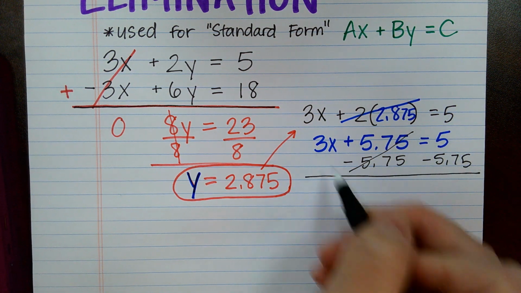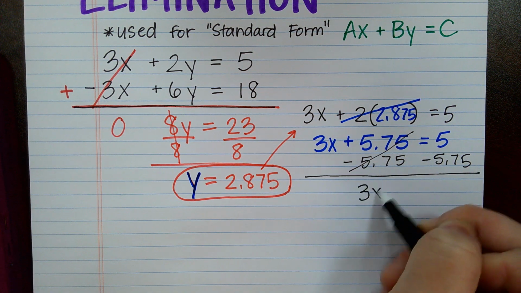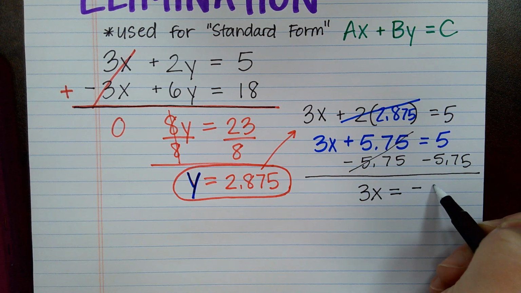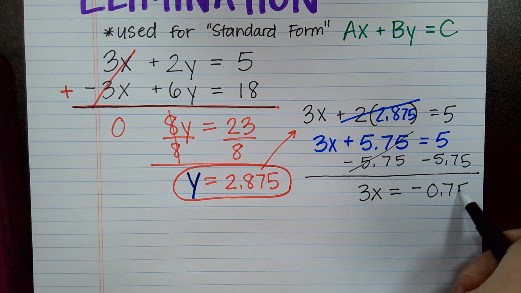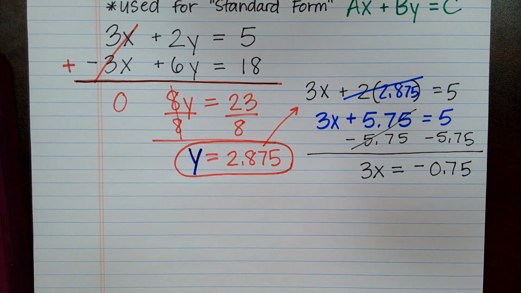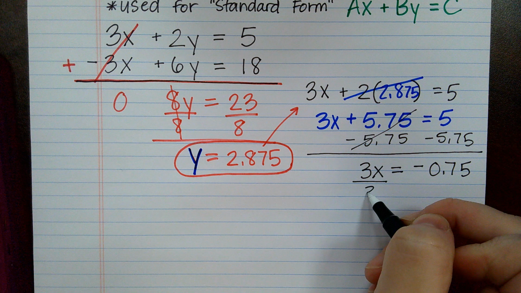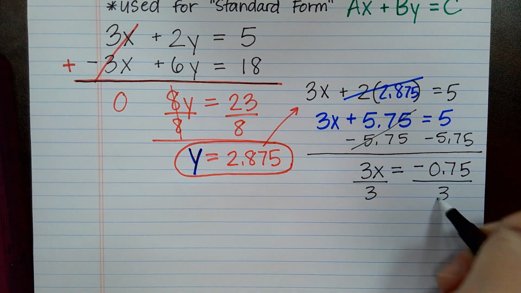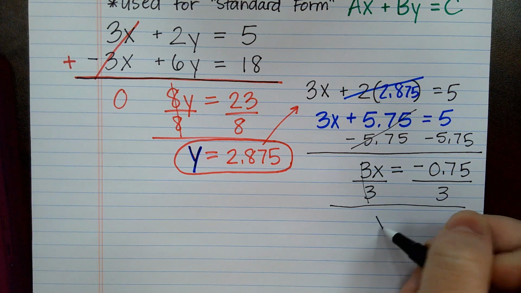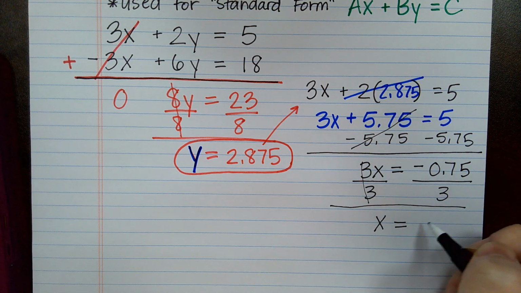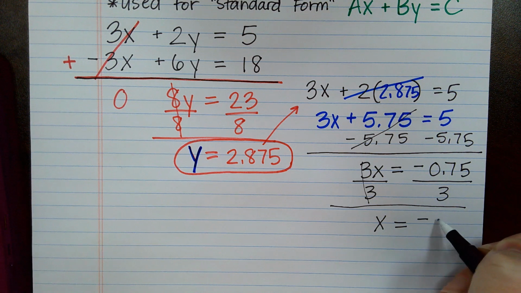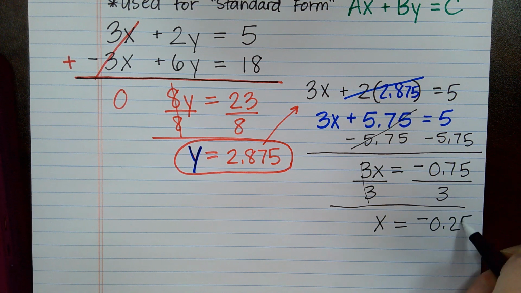Now we have 3x equals negative 0.75. Then we divide by 3. So x equals negative 0.75 divided by 3, which is negative 0.25.